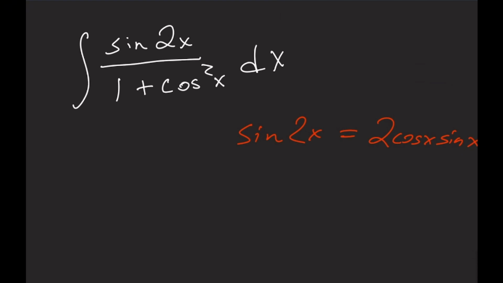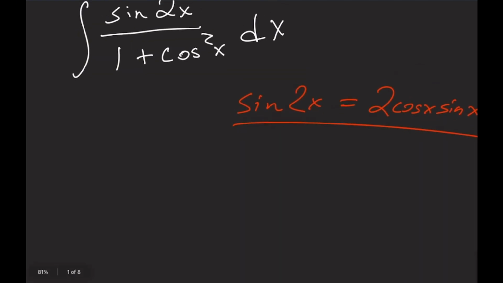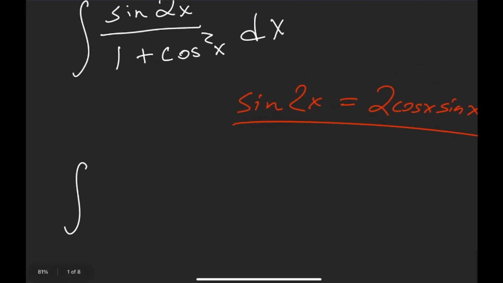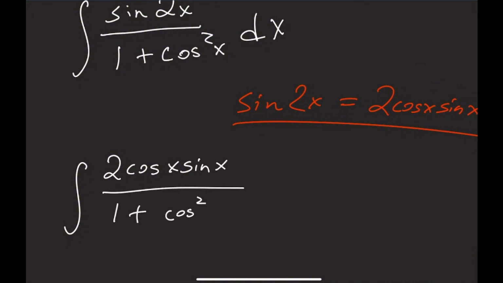Alright, so we kind of need this for this problem. So we're gonna rewrite this problem as the integral of 2 cosine x sine x divided by 1 plus cosine squared x dx.